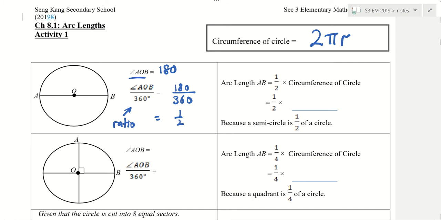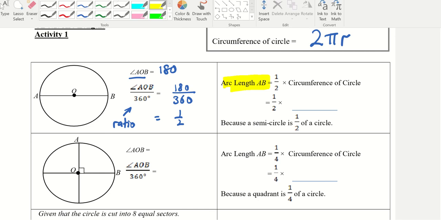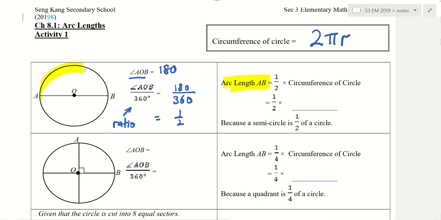Now, if I work on the arc length, then arc length means what? Okay, maybe you want to highlight. The arc length here is not the straight line, but the curved line of this. This is called the arc length. Without the word arc, it will refer to the diameter. AB is the diameter. But with the word arc, suddenly it becomes the curved length.